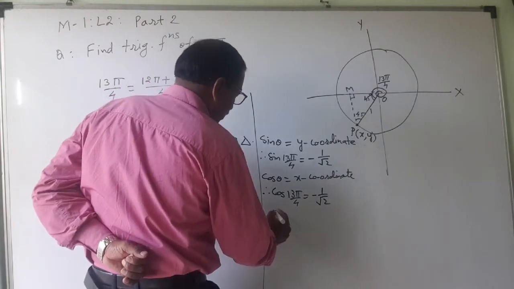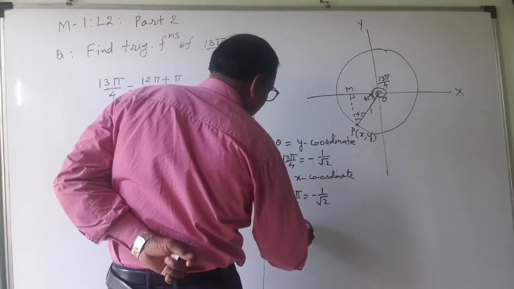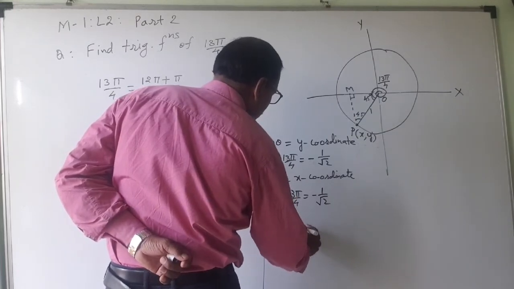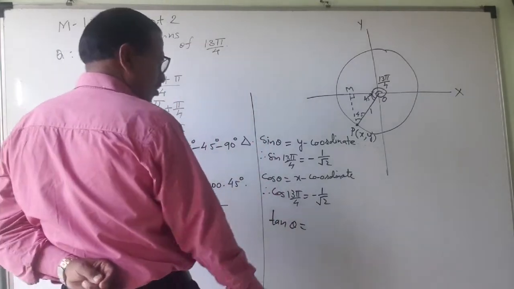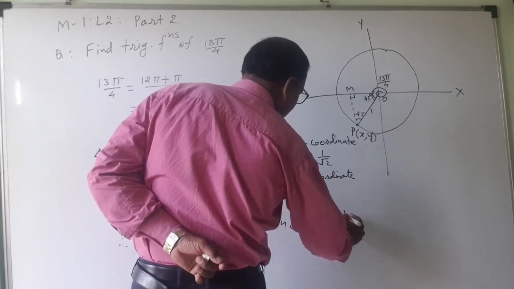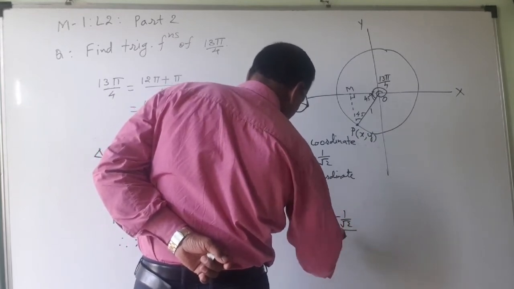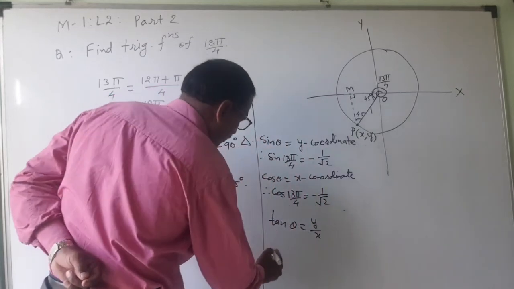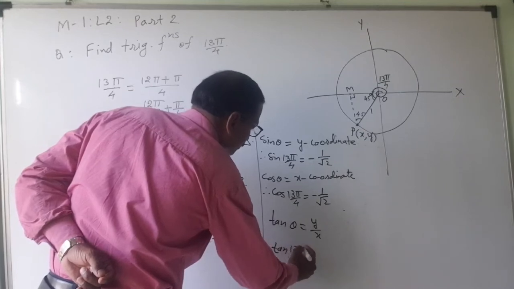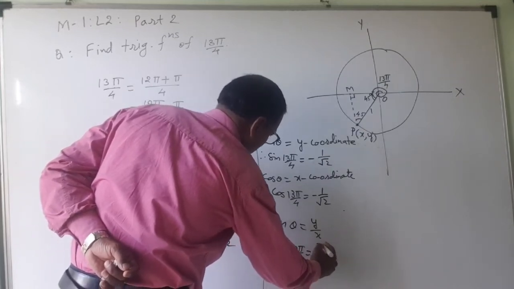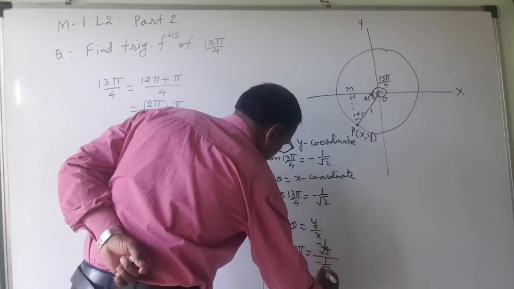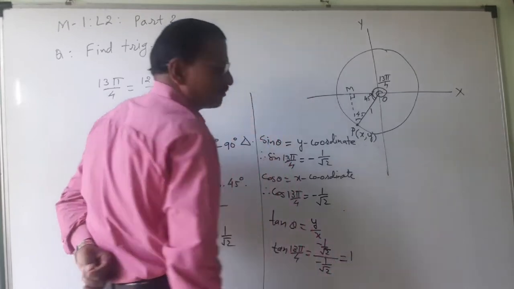Now tan theta is equal to sine upon cos. Sine means y. Y upon x. Tan of 13 pi by 4 is equal to minus 1 upon root 2 upon minus 1 upon root 2, and that is equal to 1.